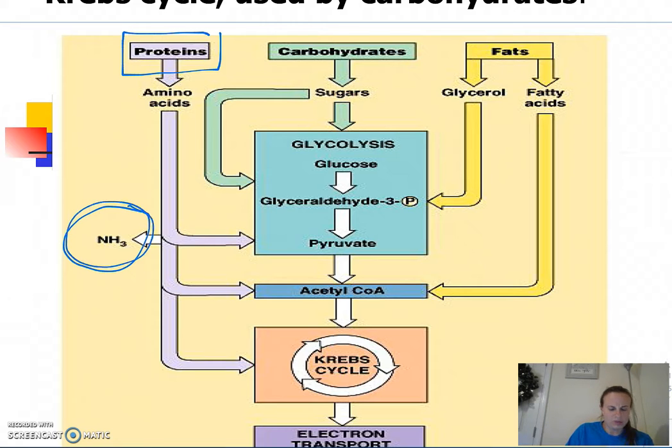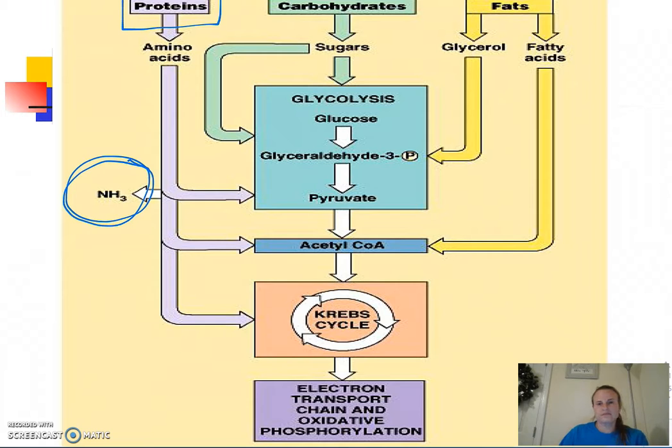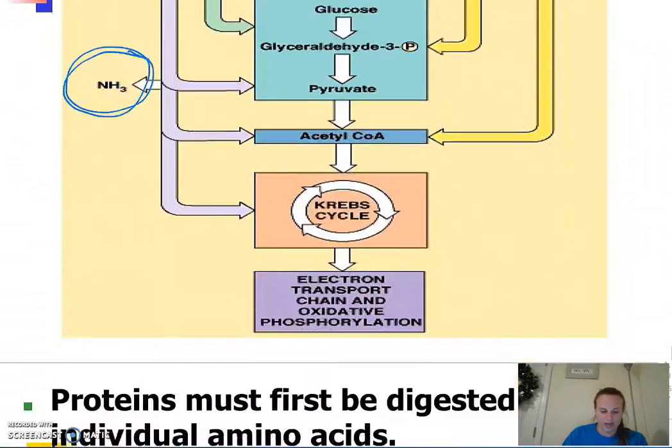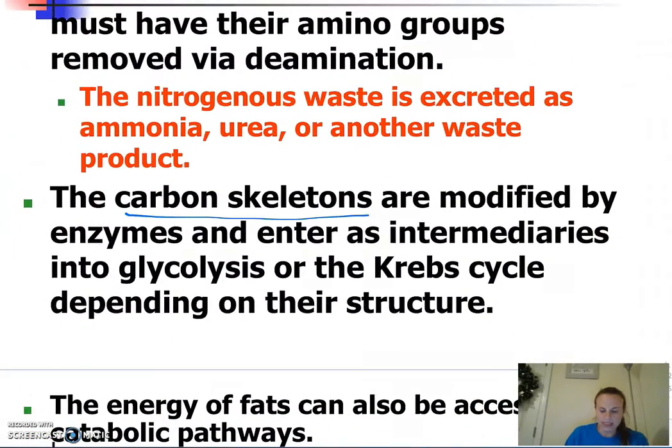The nitrogenous wastes will be eliminated, but the carbon skeleton is modified by enzymes, which are technically proteins, and can enter respiration pathways as intermediaries during glycolysis or the Krebs cycle.